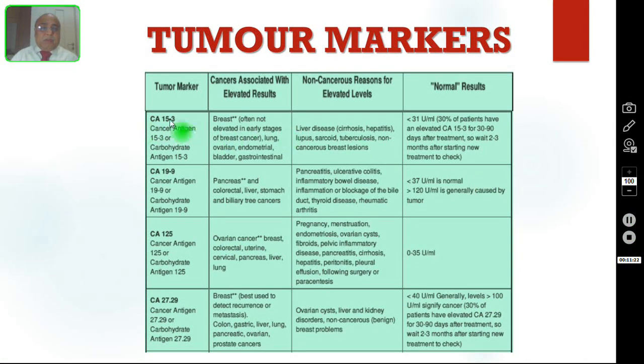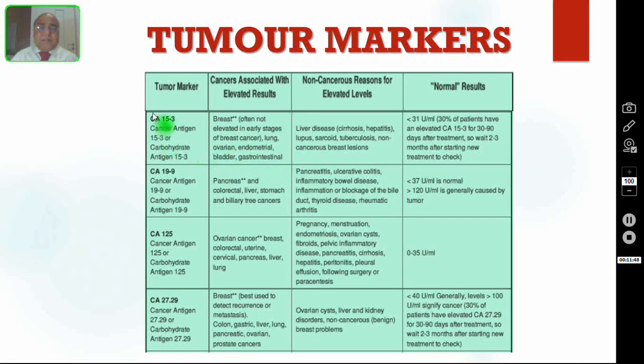The next tumor marker is CA15-3, that is cancer antigen 15-3 or carbohydrate antigen 15-3. It is elevated in breast carcinoma, including early stages, and in lung carcinoma, ovarian carcinoma, endometrial carcinoma, bladder carcinoma, and any GI carcinomas.